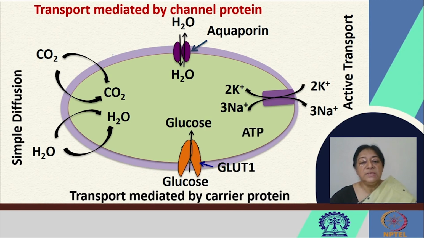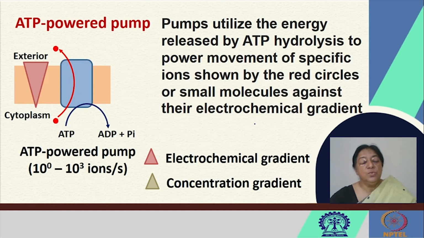So when we look at this active transport where we have the ATP associated with the transfer, there are several types that can actually occur where this process is called active transport. So what we have is an ATP powered pump. In this case, we have the pumps that utilize the energy that is released by ATP hydrolysis.